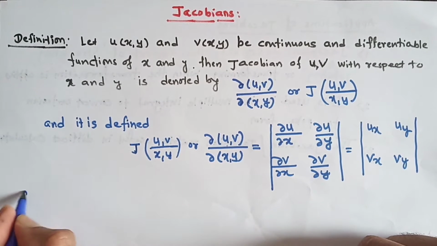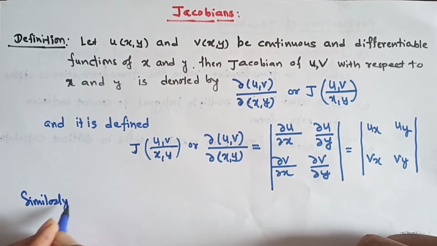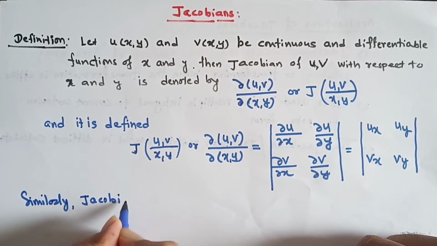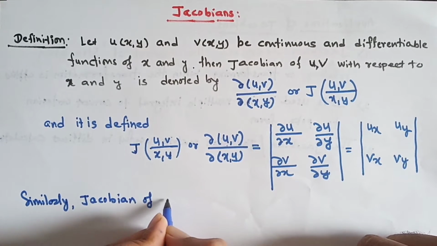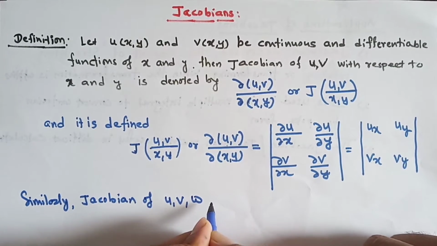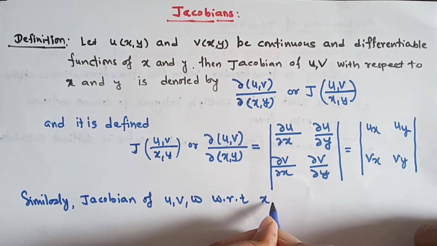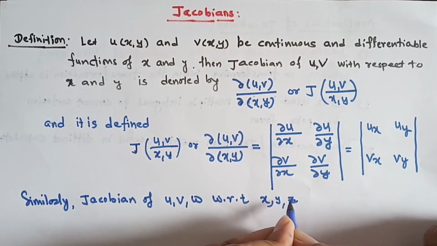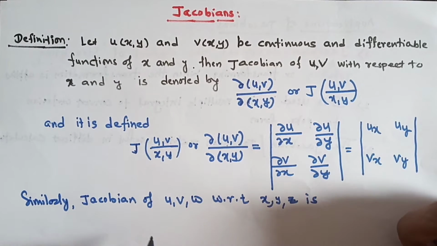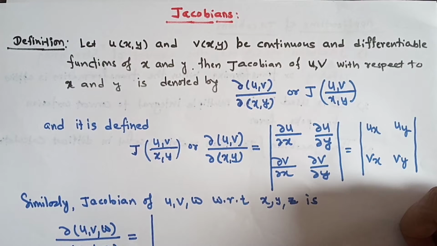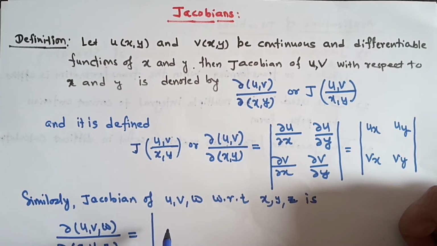Now similarly, the Jacobian of u, v, w with respect to variables x, y and z is defined and denoted as Jacobian of u, v, w with respect to x, y, z is equal to, for three variables, a determinant.